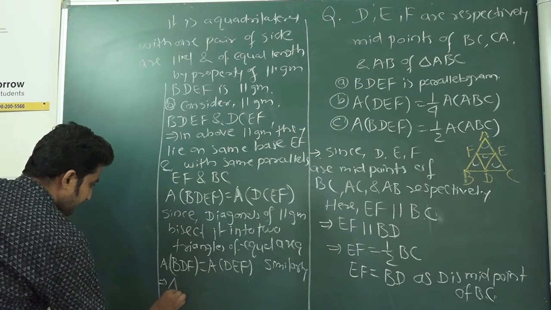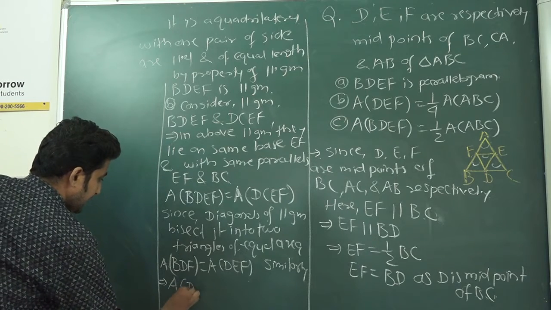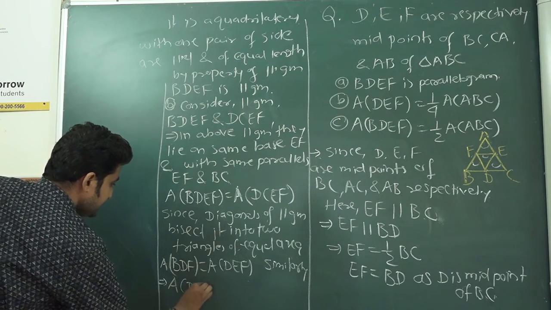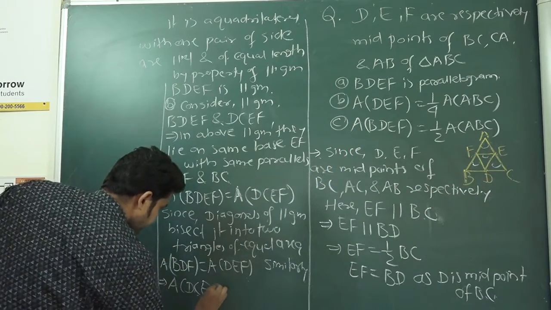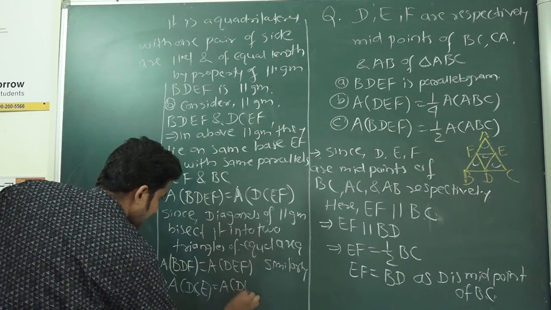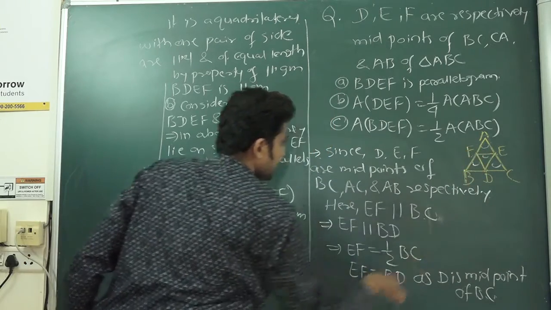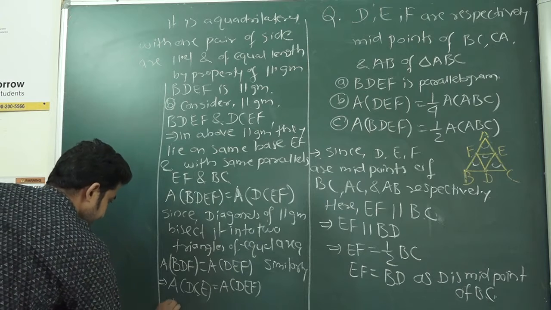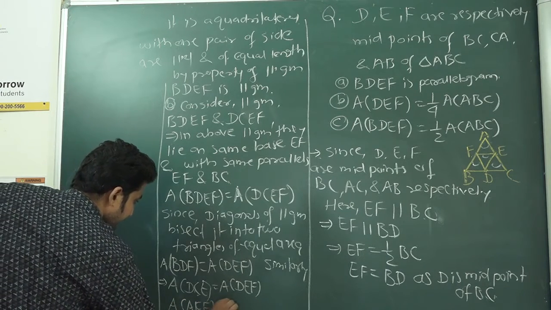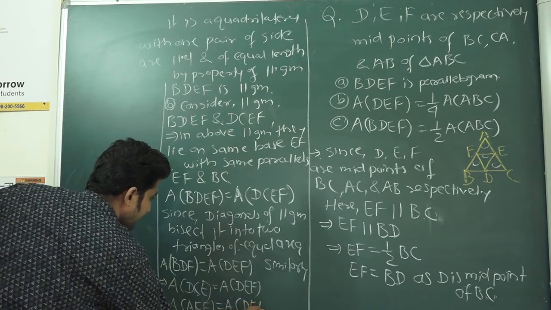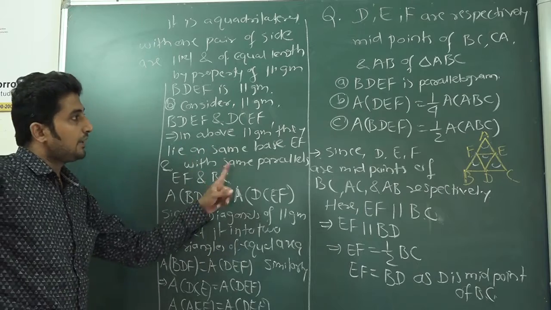So can we say that area of DCE is equal to area of DEF, and area of AFE is equal to area of DFE. So we can equate like this.